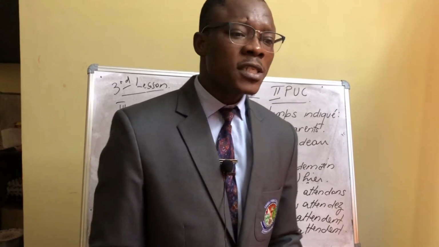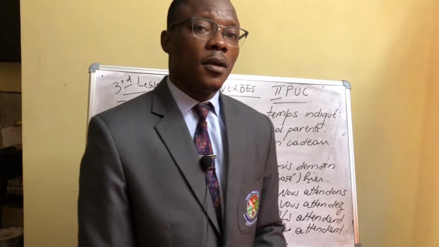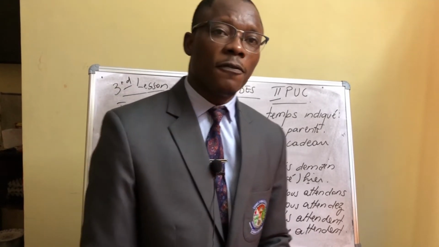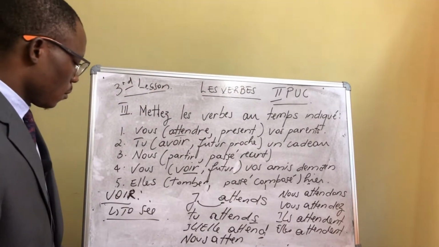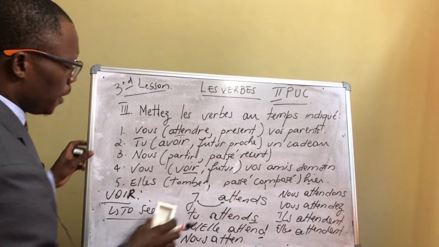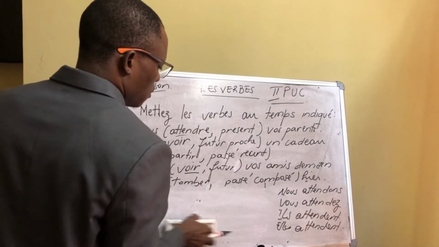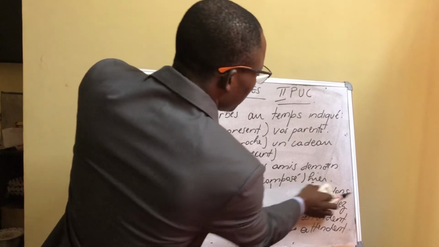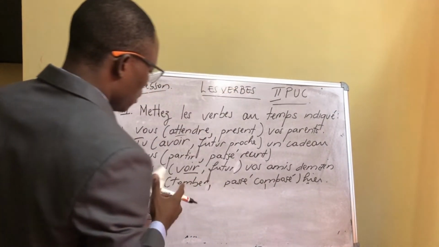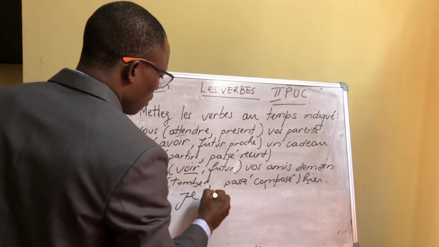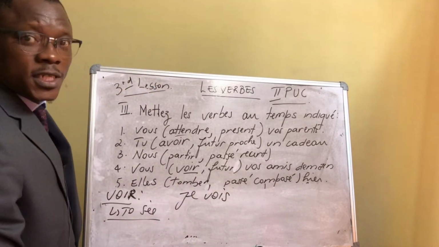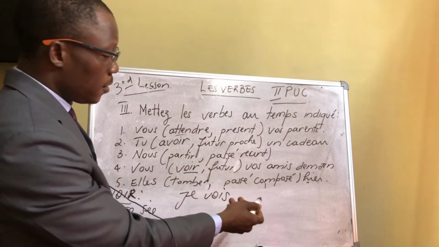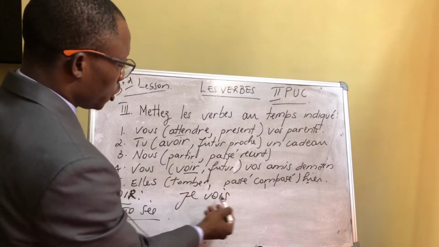Now, I want someone to guess or tell me what the present tense of voir is. The present tense of voir will be je vois. Did you see? Je vois. Again, it's ending like attendre. Je vois.